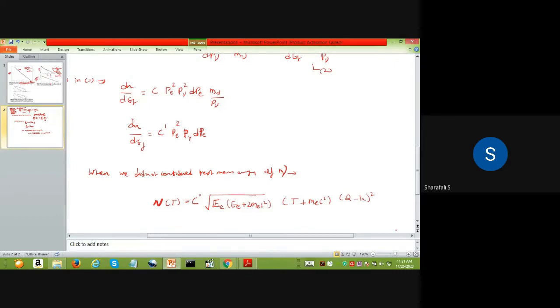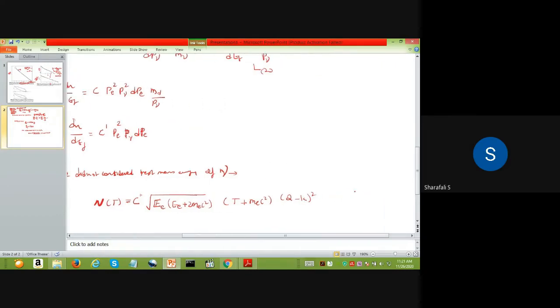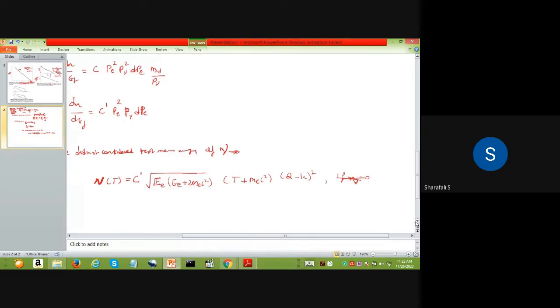So this we have derived when m nu is 0, or when we did not assume there is rest mass for the neutrino. If we did not consider the rest mass energy of neutrino, then this is the expression.